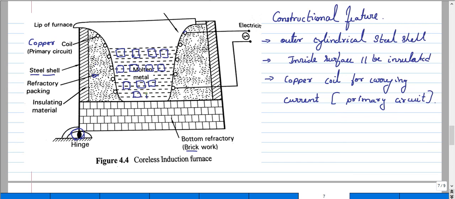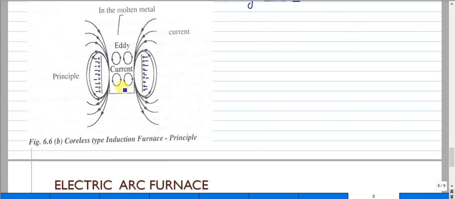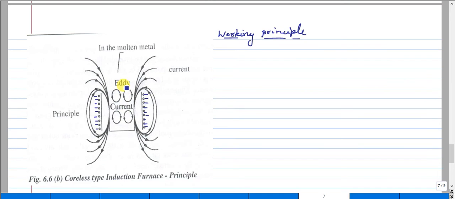You can call this an ingot, or a charge, or metal scrap. If you have kept it inside, that will act as a secondary circuit.